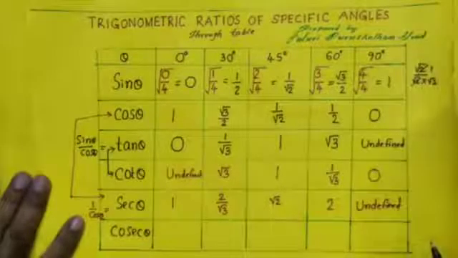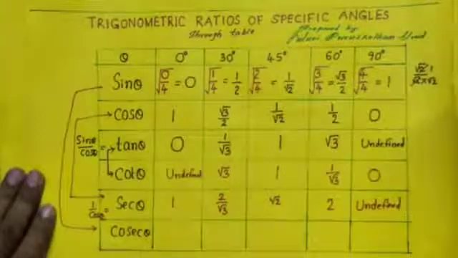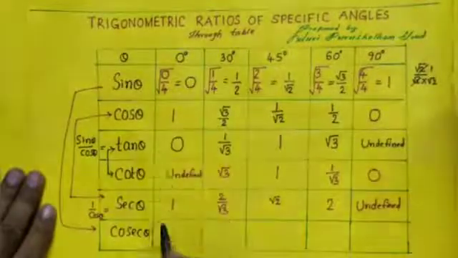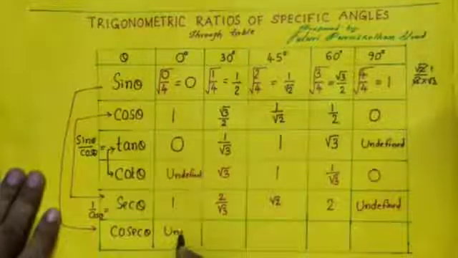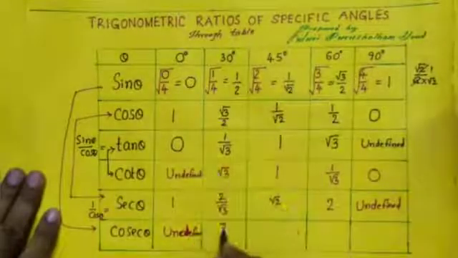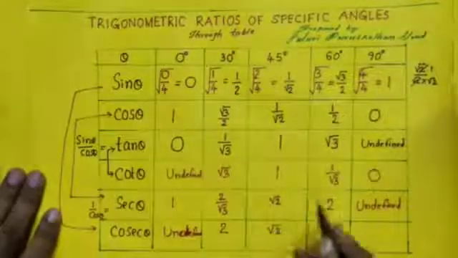Is it clear now? Cosec is the reciprocal of sin theta. Sin theta is 0, the reciprocal is 1 by 0, that is undefined. 1 by 2 reciprocal is 2 by 1. 1 by root 2 reciprocal is root 2 by 1.